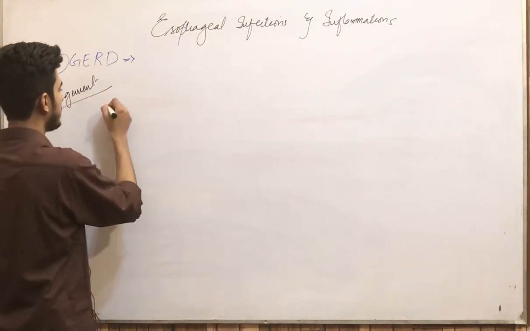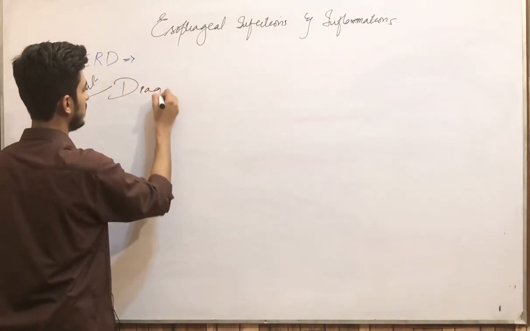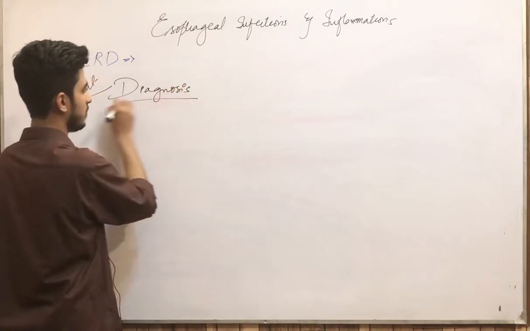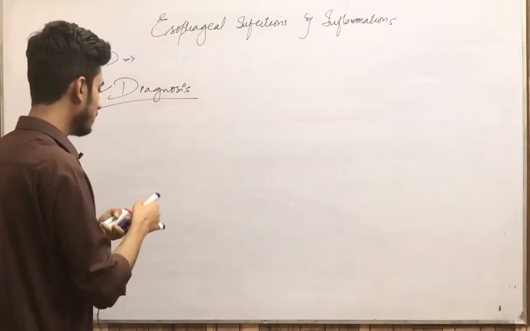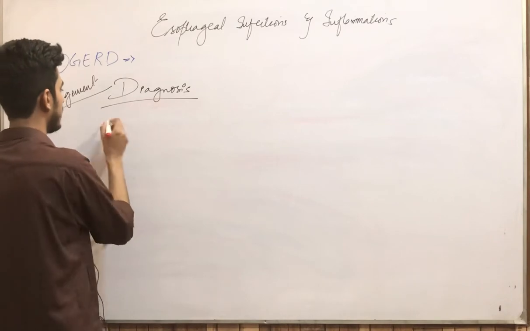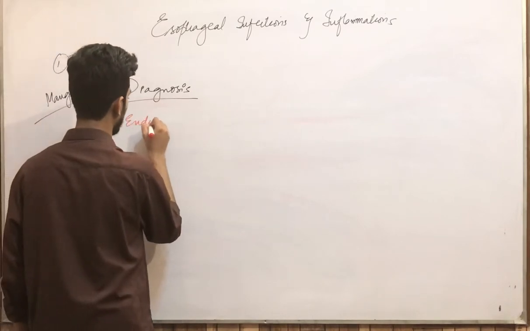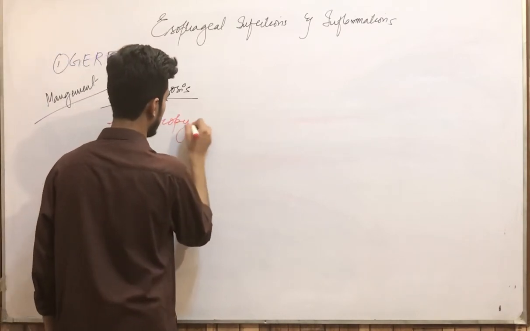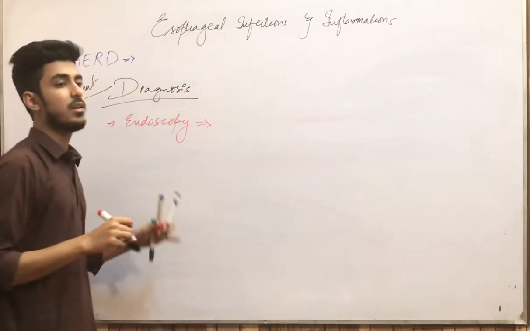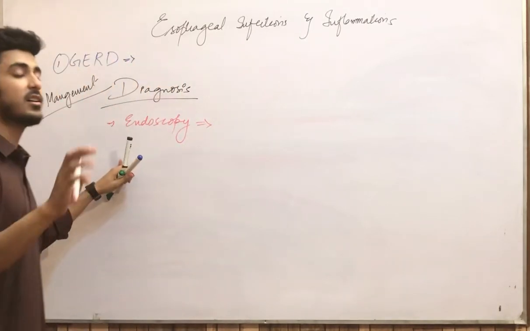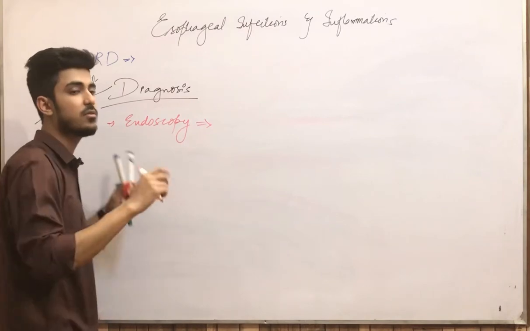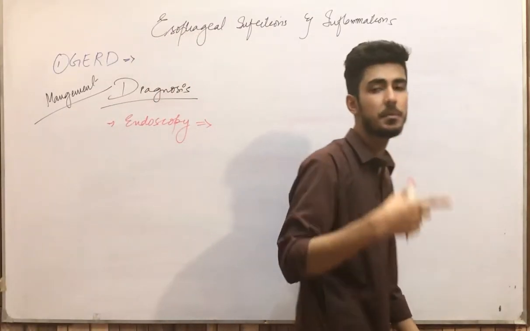Now for the management, first of all, you have to do the diagnosis. In the diagnosis you will do the endoscopy. There are conditions to do the endoscopy, means you cannot do endoscopy in every patient.